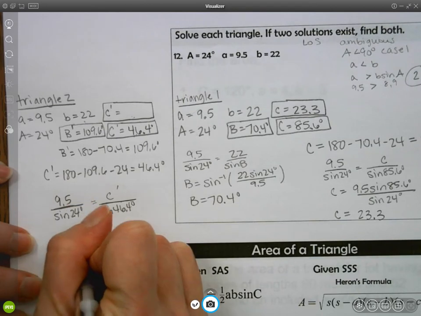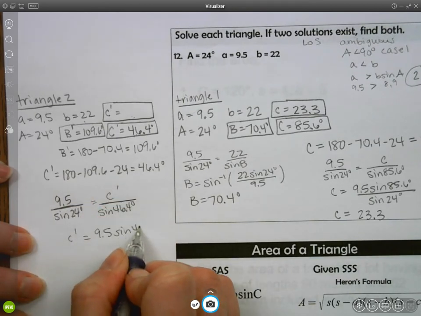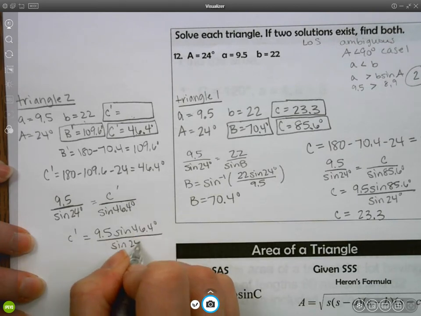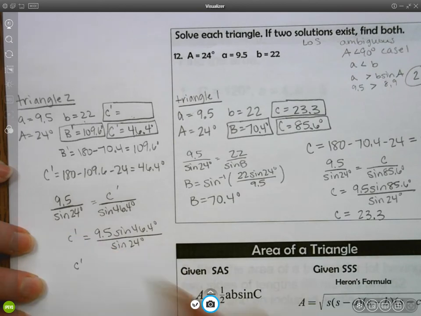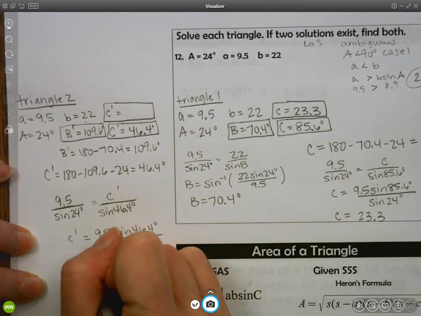So C prime is equal to 9.5 sine of 46.4 divided by sine of 24. And I get 16.9.